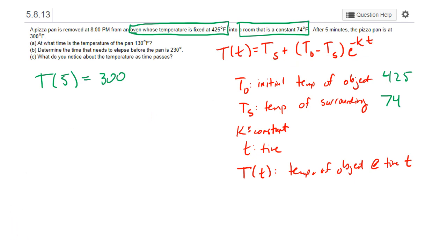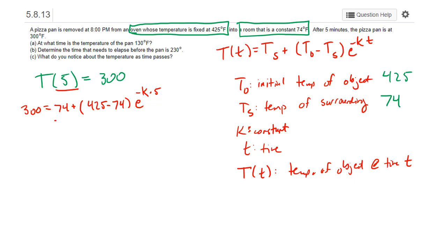So let's go ahead and do that. If T of 5 is 300, we get 300, that's T of 5 on the left, is equal to the surrounding environment, 74, plus the starting temperature, 425, minus the surrounding temperature, 74, times e to the minus k, and I don't know that, but t was 5. We've gone ahead and plugged in t equals 5.